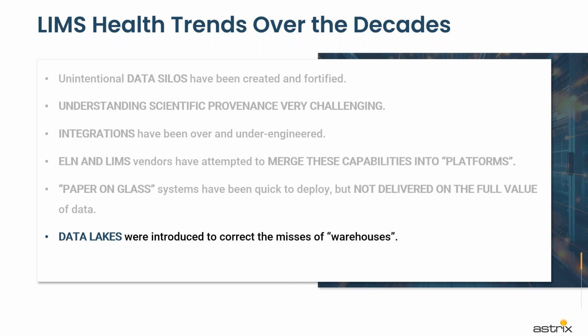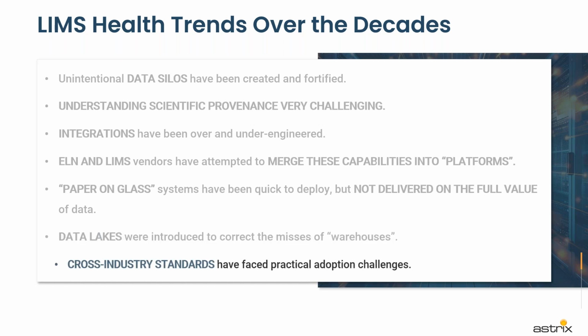If you look back some years, we were discussing the real issues with the data warehouse, and because of that the data lake was introduced. Did it solve all the issues? No, it created a new set of problems. And there were a lot of cross-industry standards which faced practical adoption challenges in real scenarios.